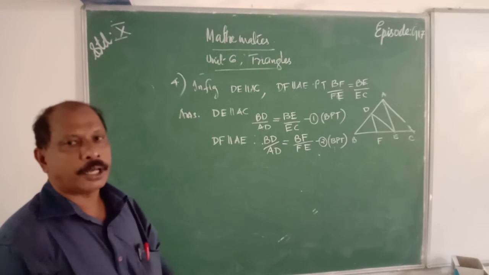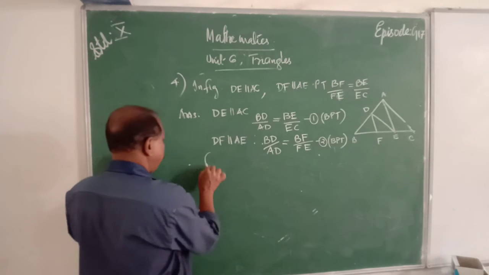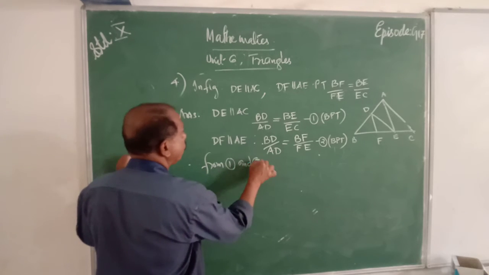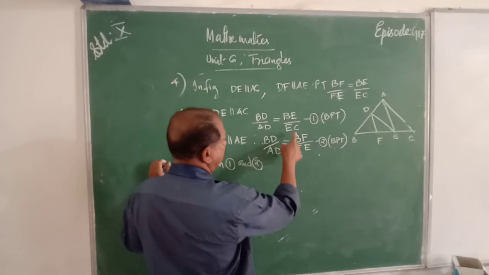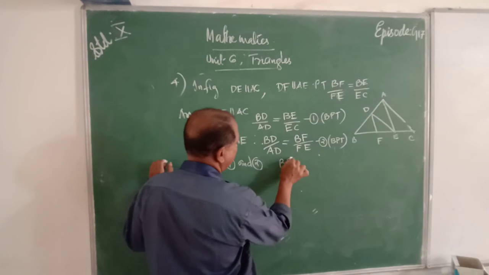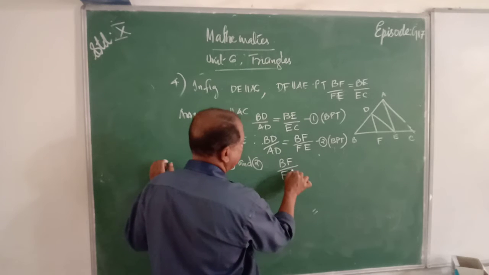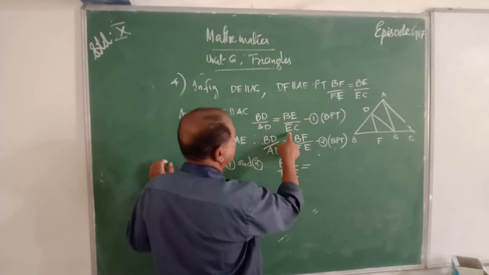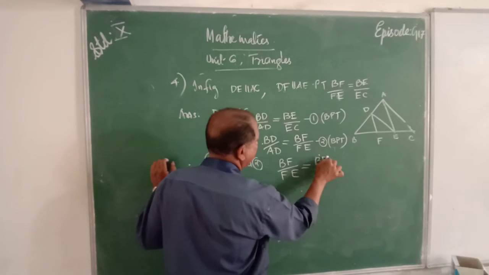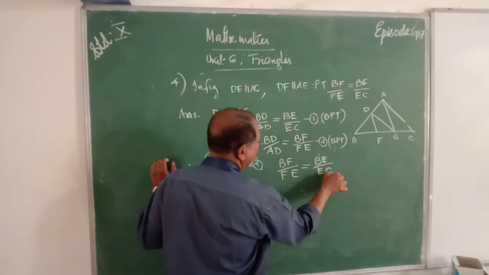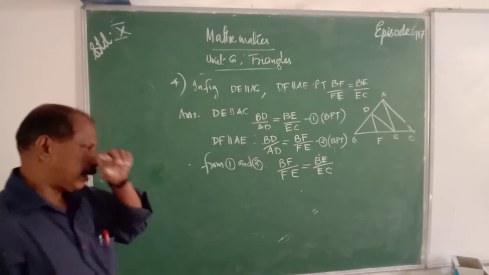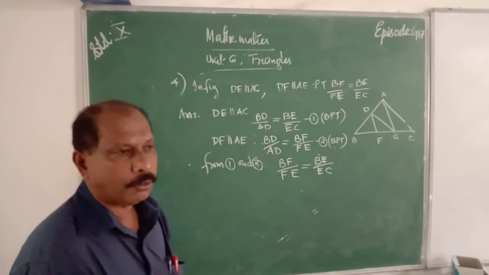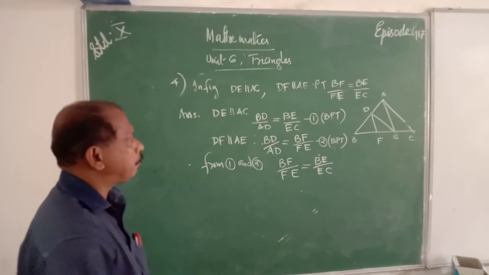The left sides of 1 and 2 are equal. Therefore, from 1 and 2, BF by FE is equal to BE by EC. That is the answer. So in the third and fourth problems, we only use the basic proportionality theorem.